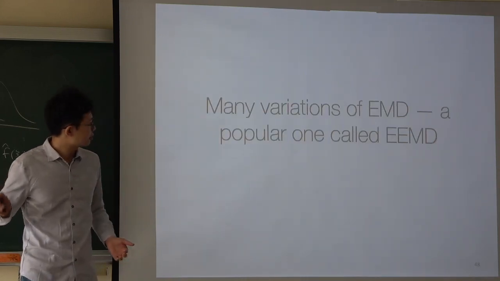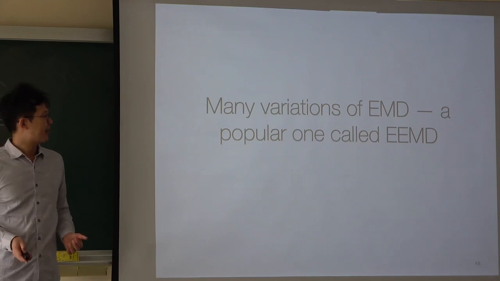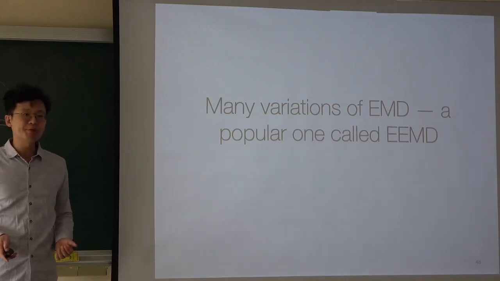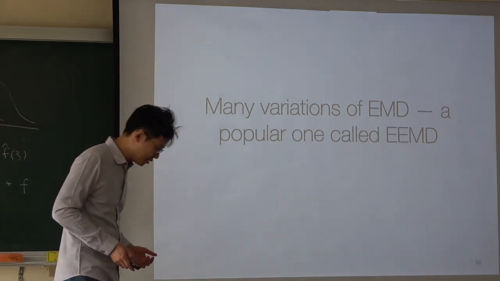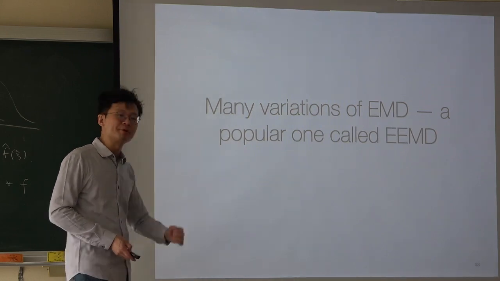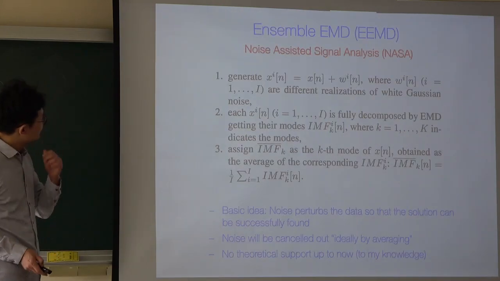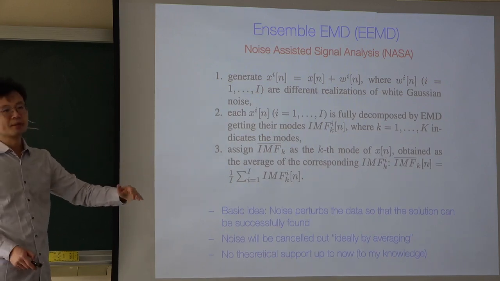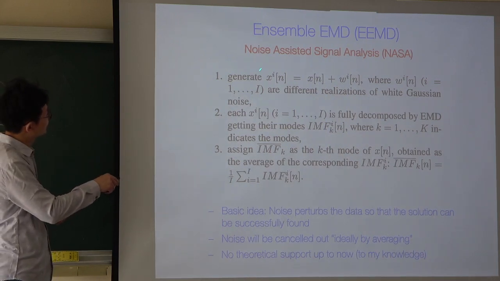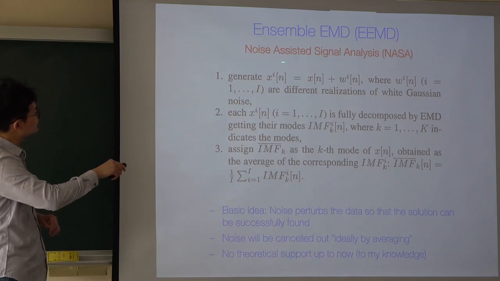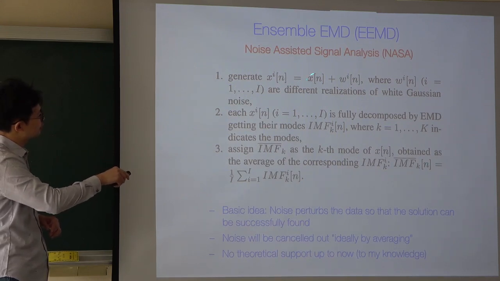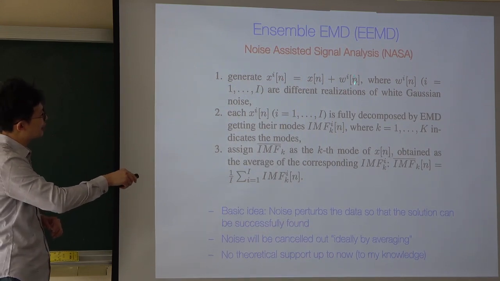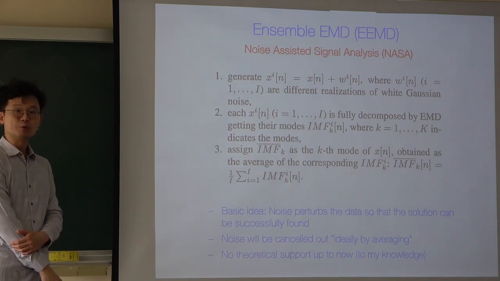Okay, so I will tell you one variation called EEMD, or ensemble empirical mode decomposition. The idea is very, very simple. Given a signal X, I generate a new signal by adding white noise, which sounds weird, right?